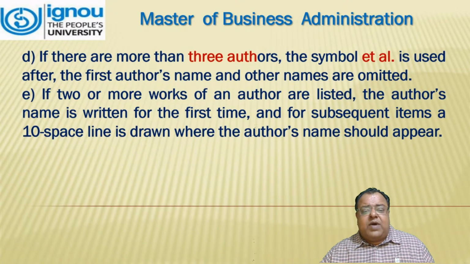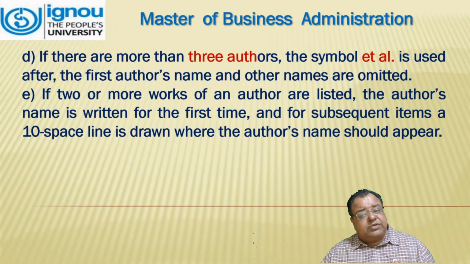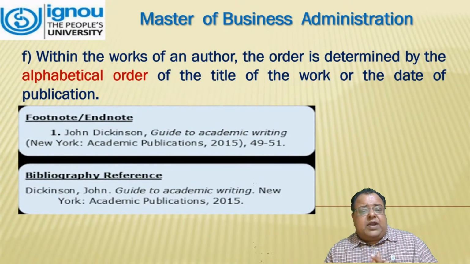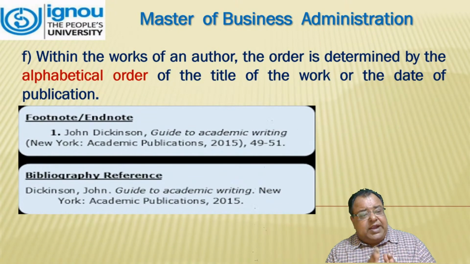If two or more works of an author are listed, the author's name is written the first time, and for subsequent items, a 10-space line is given where the author's name should appear. Within the work of an author, the order is determined by the alphabetical order of the title of the work or the date of the publication.